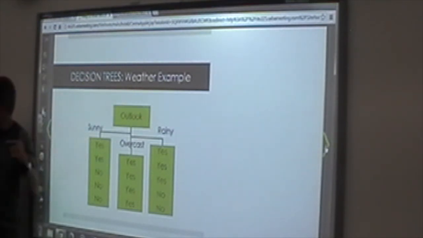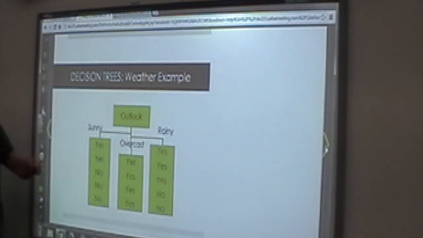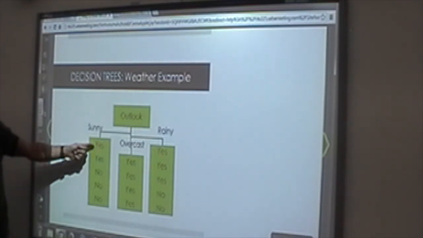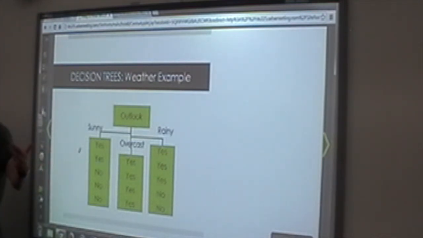In entropy it's going to be negative. What's p sub i for this case? 2 out of 5 times the log of 2 out of 5.